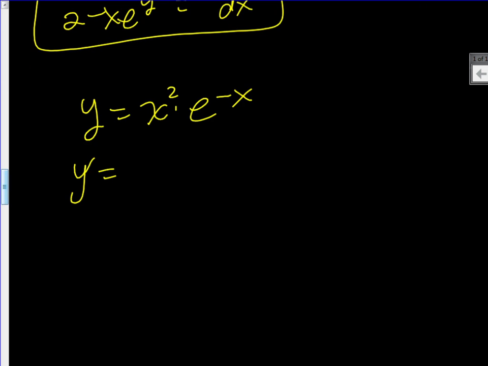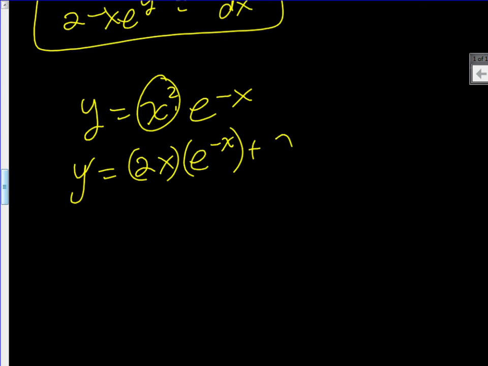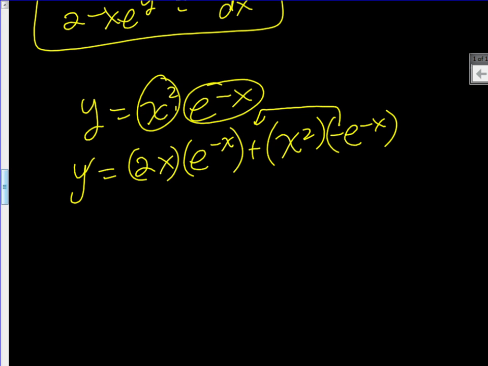Use the product rule. y prime is the derivative of the first, which is 2x, times the second, e to the negative x, plus the first, x squared, times the derivative of the second. Well, the derivative of e to the negative x is e to the negative x times the derivative, which is negative 1. This negative sign can come here and make that negative.